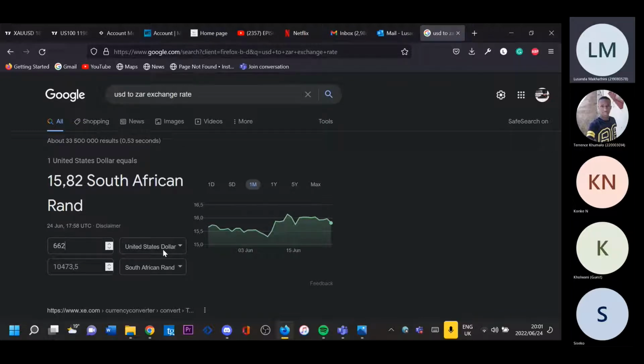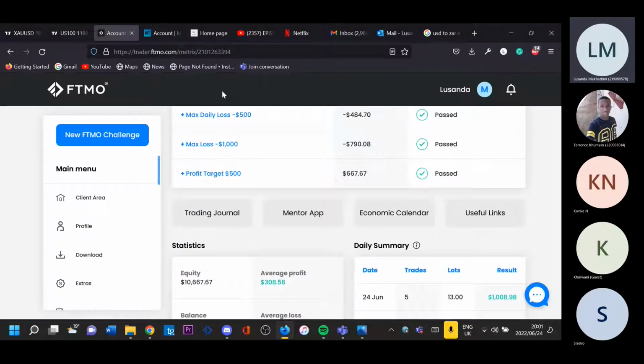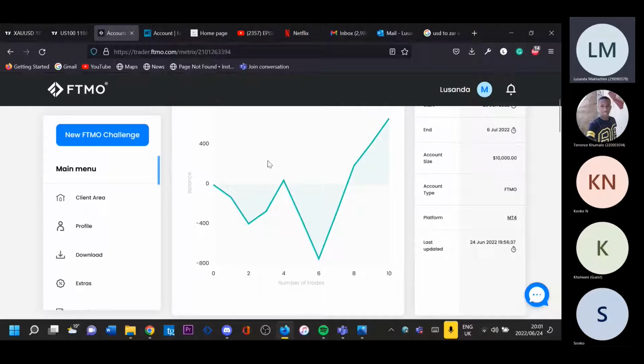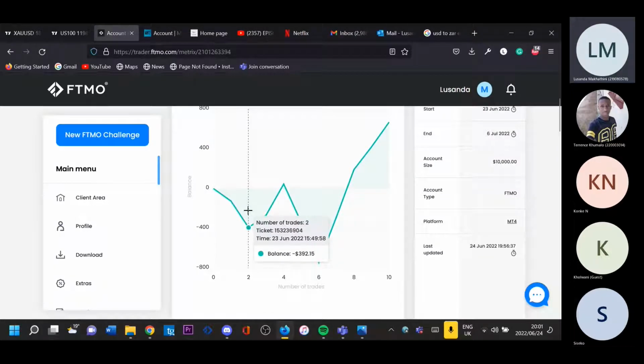So actually, out of 10 trades, three of my trades were bad. Wait, I just want to calculate this real fast. Okay, so this is two trades. So two bad trades, one good trade.